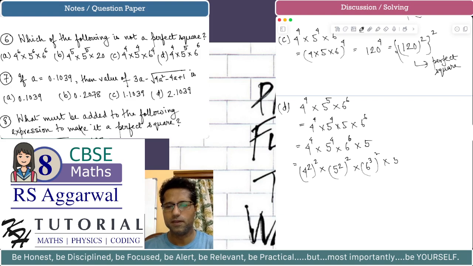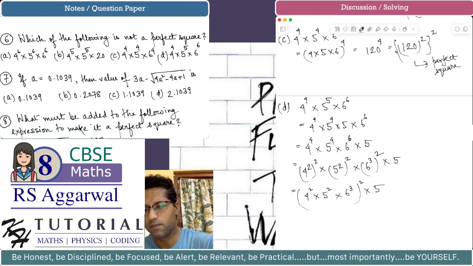You have to be very aware of all the laws of exponents. So now this is equal to 4 square multiplied by 5 square multiplied by 6 cube whole square multiplied by 5.